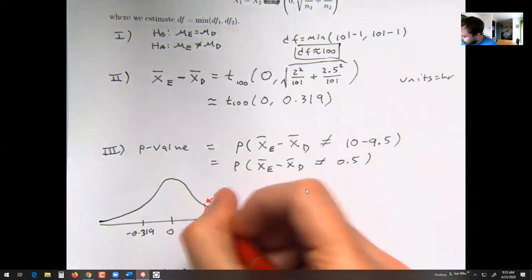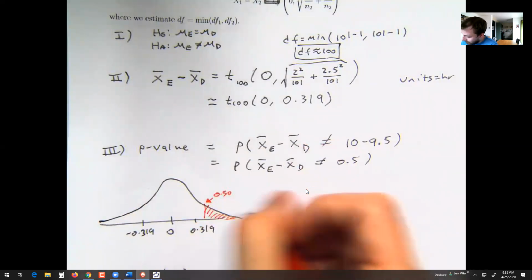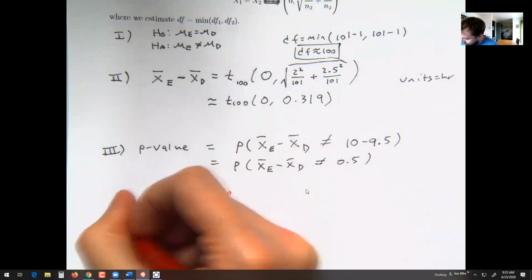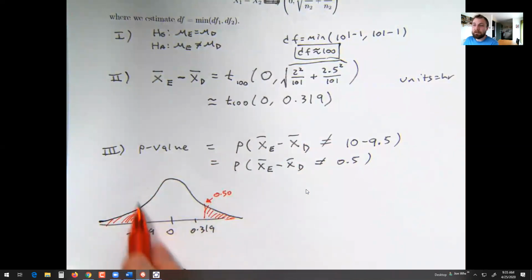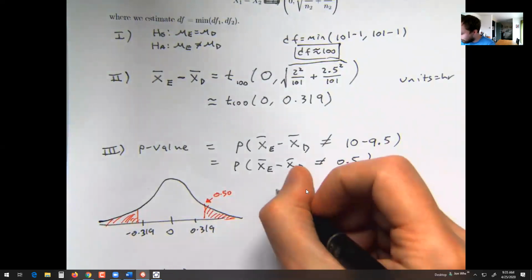This is a two-tailed test, so I'm going to shade in both directions. And whatever t-score this is in the positive direction, this is going to be the same t-score in the negative direction. So if this is like 1.2, this is going to be negative 1.2. So let's find those t-scores or those test statistics and then look them up.